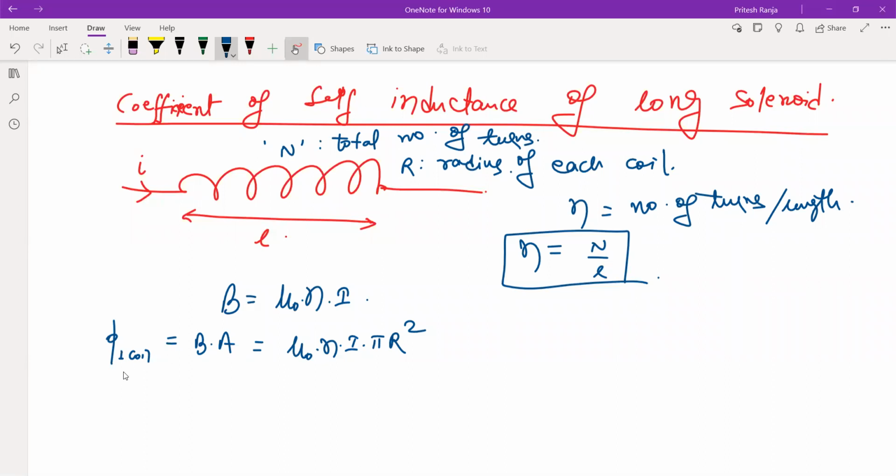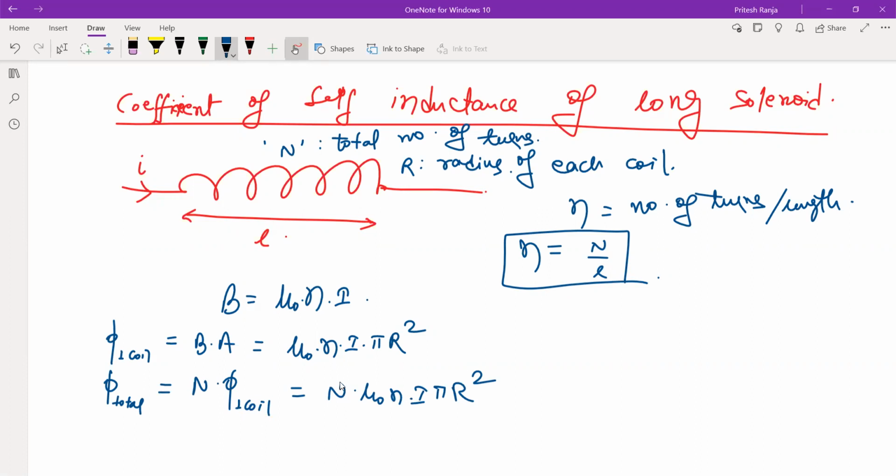So what will be the total flux? Total क्या होगा flux? N into phi of one coil. तो वो बन गया N into mu naught n I pi r square, right? Observe where I am using this capital N and where I am using small n.